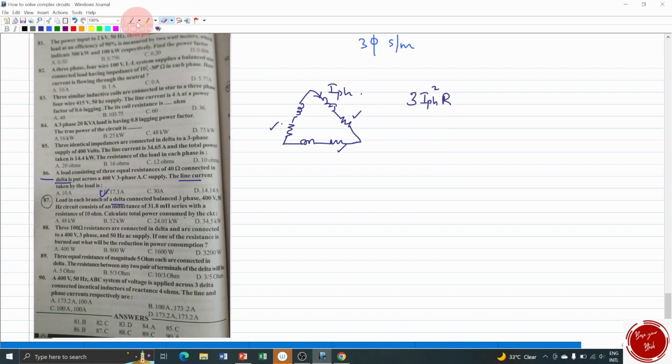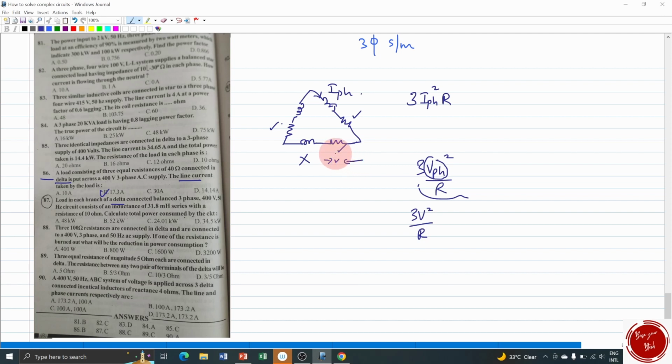We have studied another formula like 3 V phase square by R. But this cannot be applied over here because we have to get the voltage. See, the voltage which is written here should be the voltage across the resistor. Then only the power consumption will be got, because power consumption takes place only in resistor, not in inductance. So when I apply this formula 3V square by R, I have to get the voltage value which appeared across the resistor, and that is something lengthier to do.